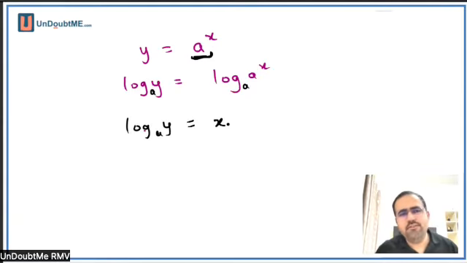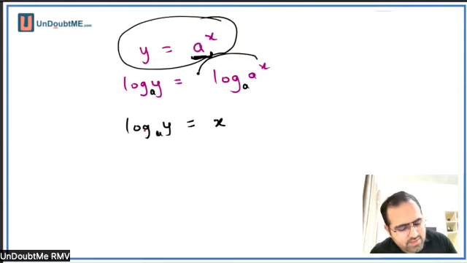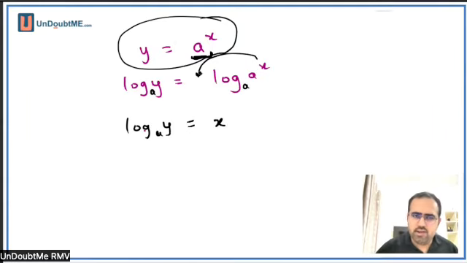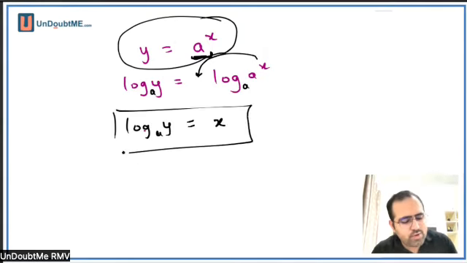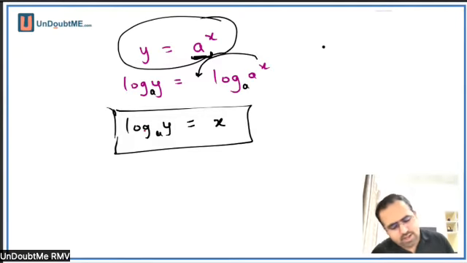This is like one of the verifications of that. I cannot say that it will be a proof, because we have defined log using this only, that x will come in front, and this is how we get x is equal to log y.